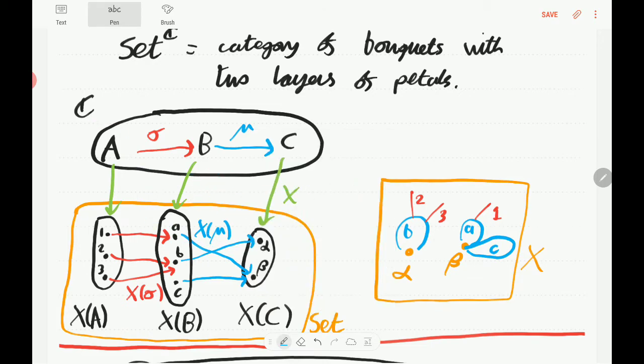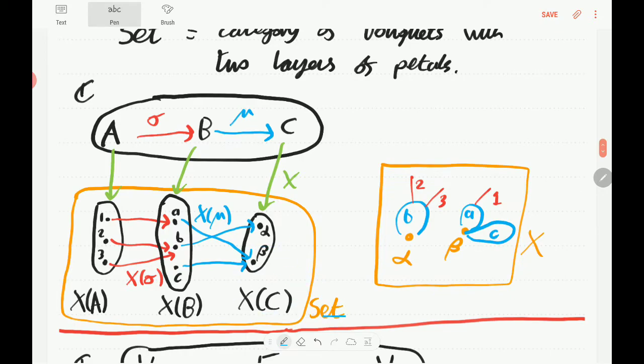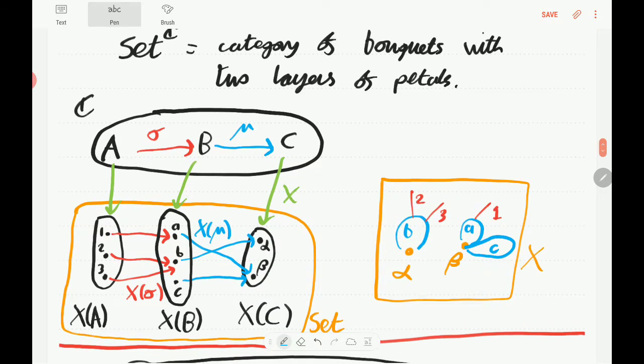So basically an object of sets to the power of C in this case can be considered to be these three sets, X of A, X of B, and X of C, where there's a function from X of A to X of B and a function from X of B to X of C. But a nice way to visualize these kind of things is basically as a kind of bouquet where we have two different layers of petals.